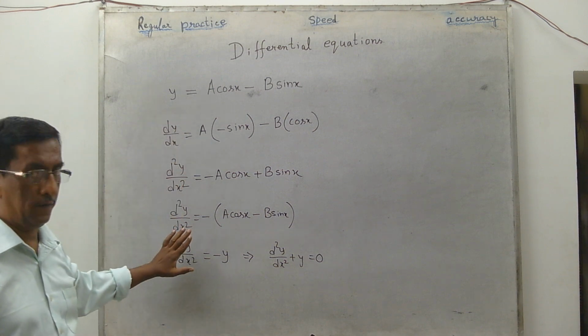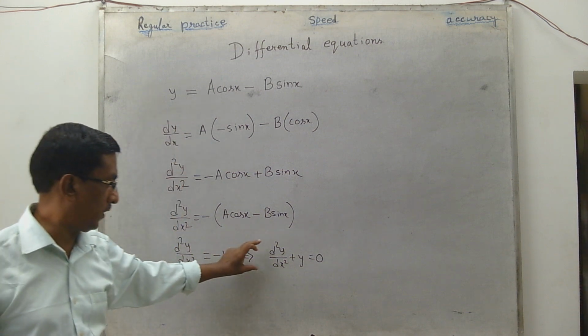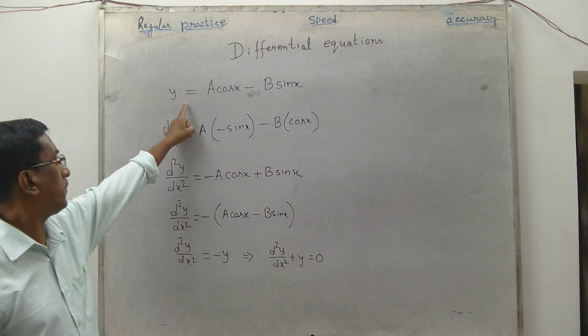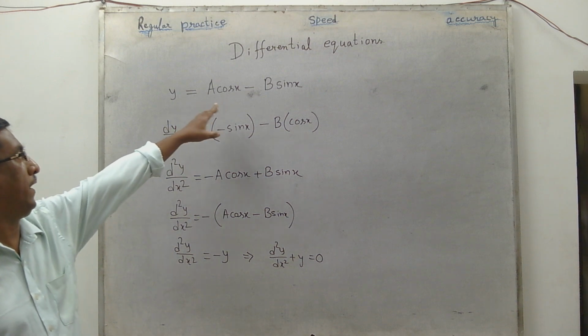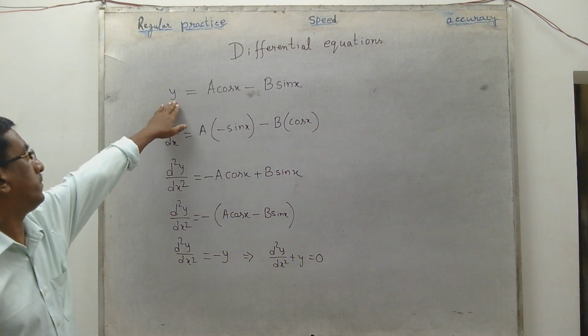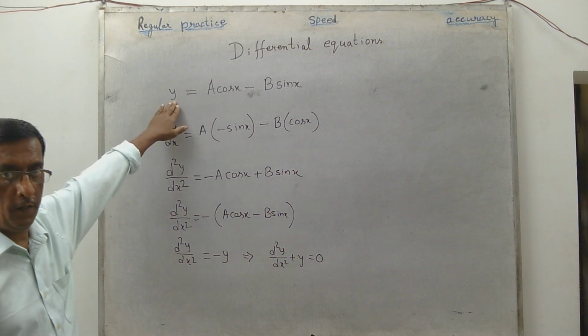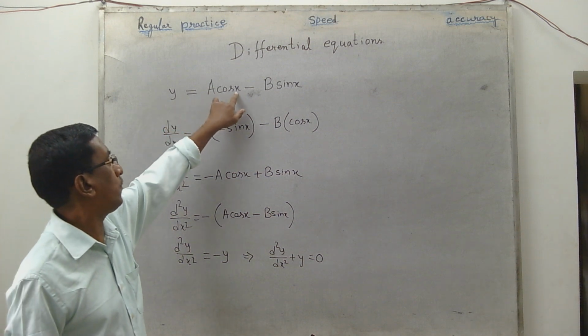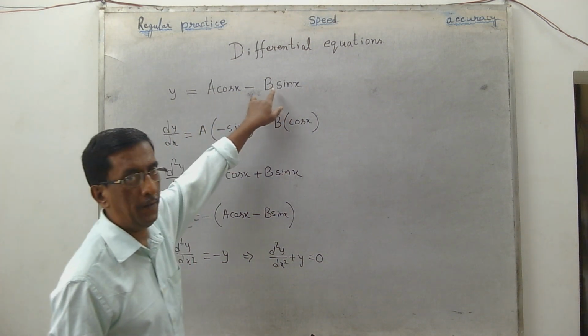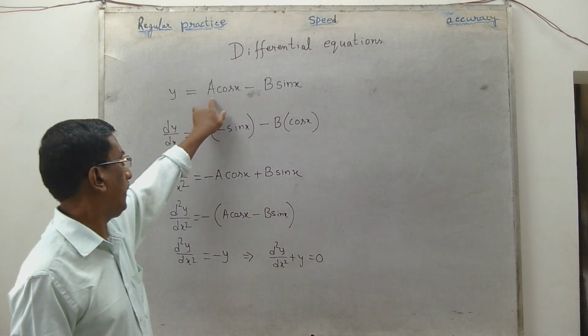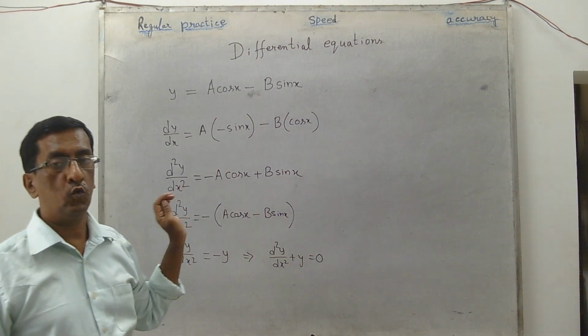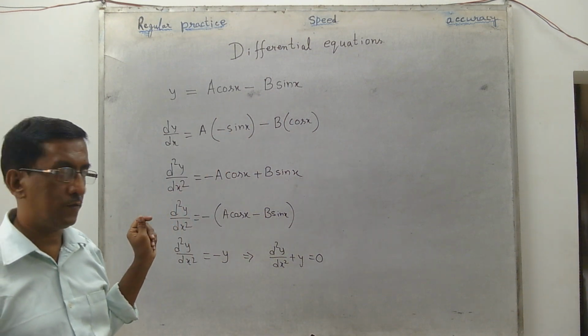This is verified. Here y is the dependent variable, cos x and sin x involve the independent variable, and capital A and capital B are two arbitrary constants.